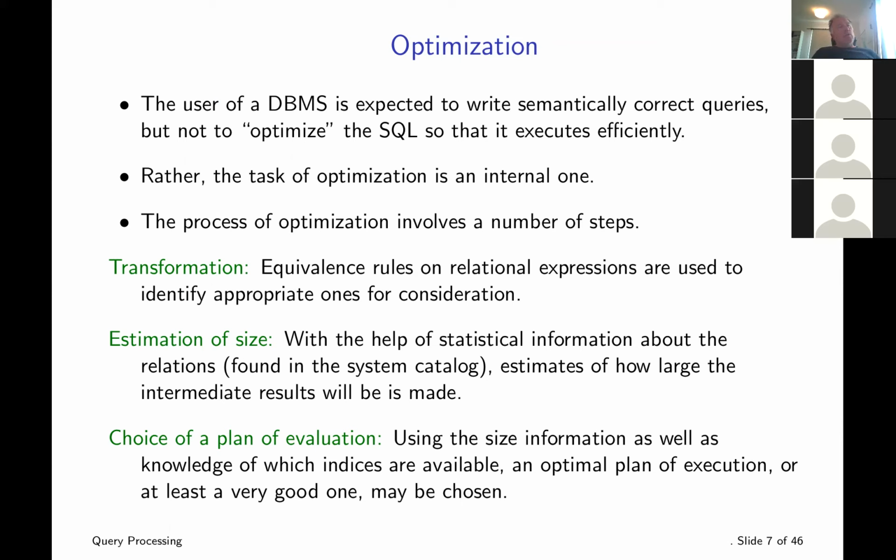All right. So the user of the database system is supposed to write some correct queries, logically correct queries, but they should not optimize the SQL so that it executes efficiently. That should be the job of the optimizer.